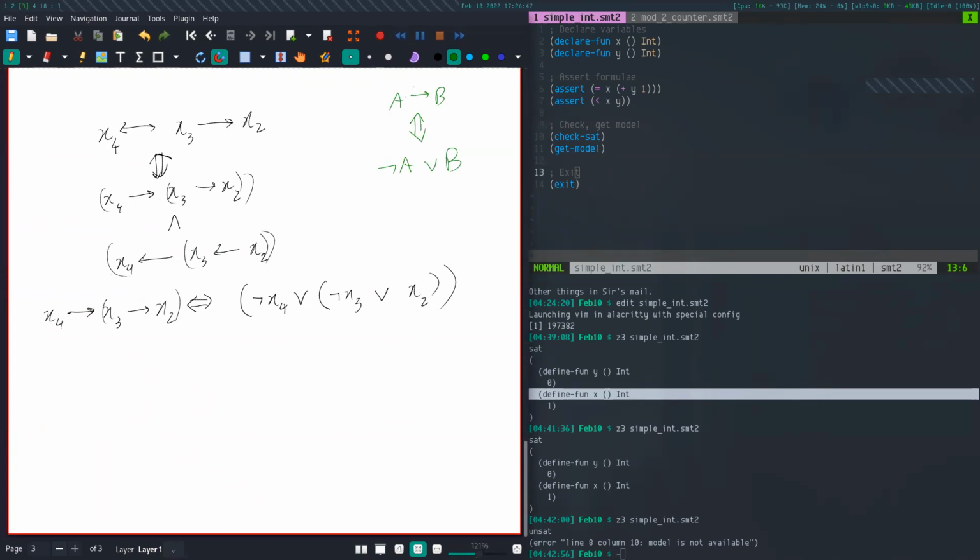There are two cases in which your implication is true, either when A is false or when B is true. We're just using that to separate this. Notice that these inner brackets are redundant, and then we have a 3CNF term.